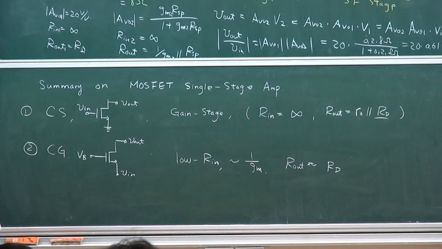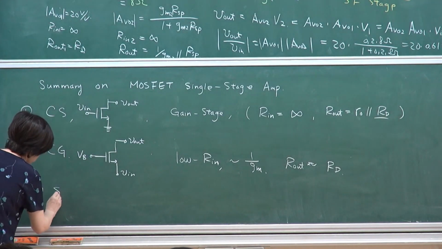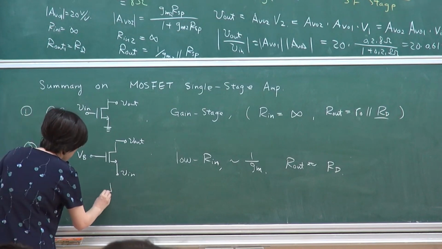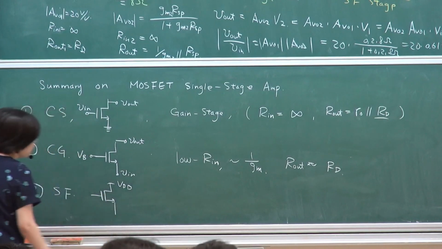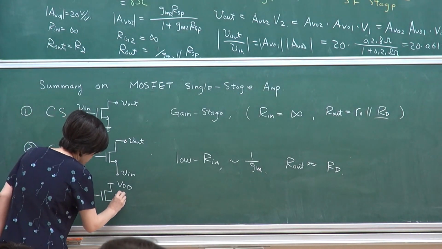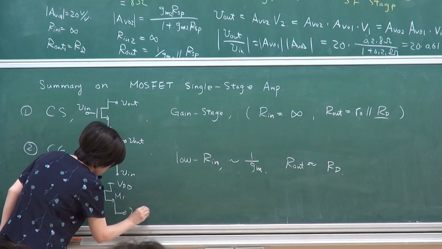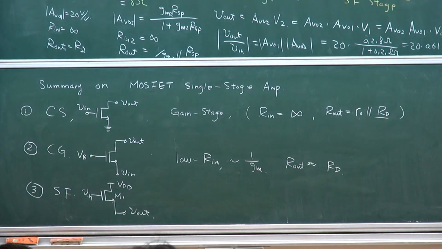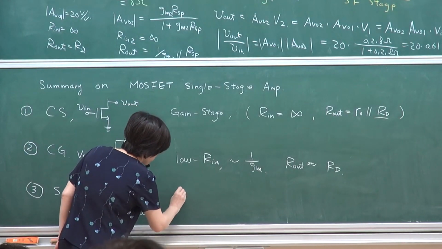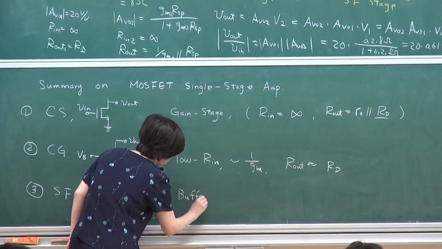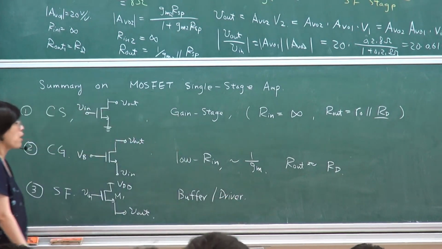Okay? So lastly, you have the source follower circuit. It will then be fixed bias typically at VDD. And then it will be something like this. Your input is right here, the output is right here. Okay? So if this is the case, then this will be a buffering stage. Buffer, or we call it a driver circuit.